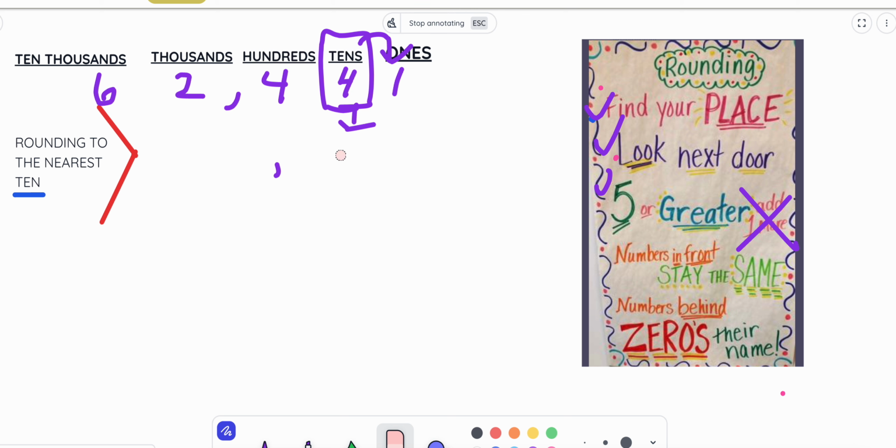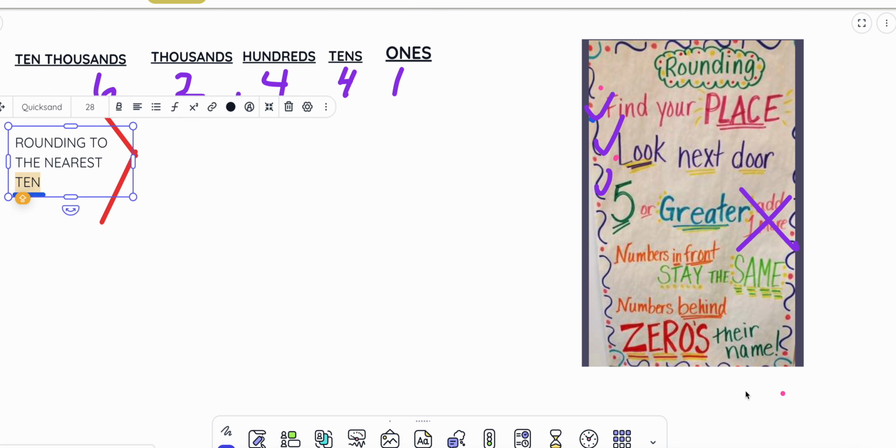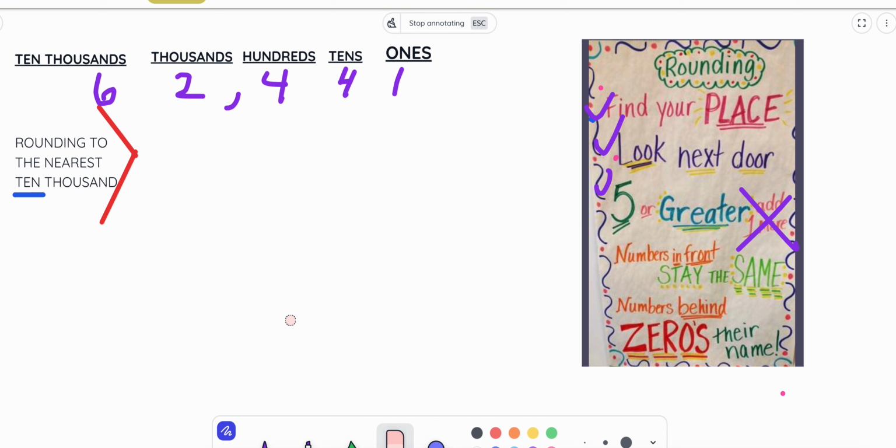Here we go. Same number, let's round to the nearest 1,000. Wait, I think we did that already. We'll do 10,000. Here we go.